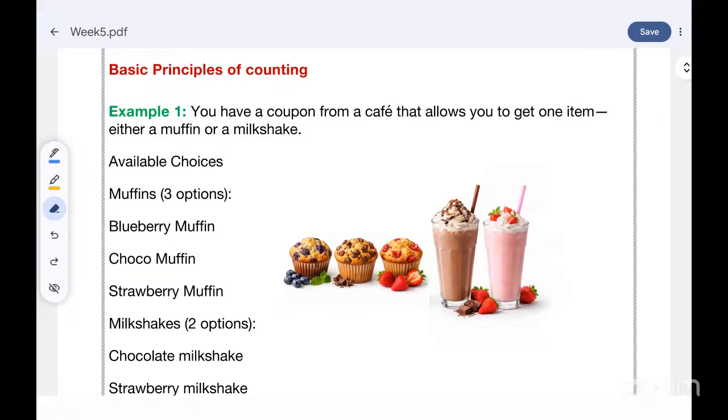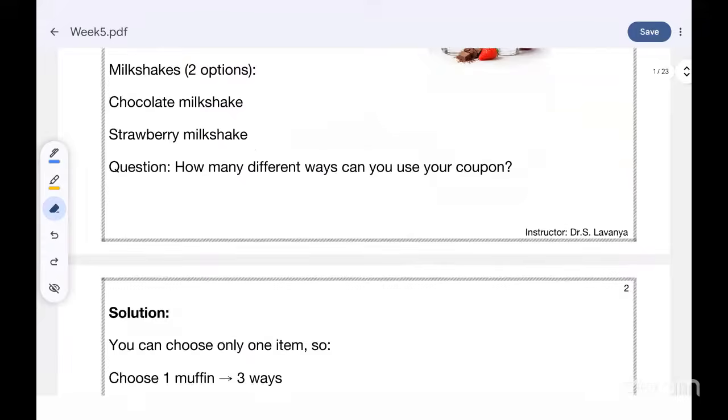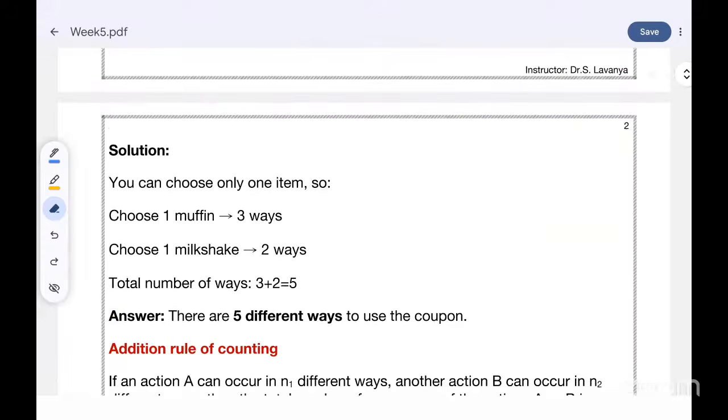What is the answer for this, you think? 5. Yeah, right? Because out of 5, you can choose any one. So either you can choose one muffin, so you have 3 ways, or one milkshake, 2 ways. So the total number of ways here is simply 3 plus 2. So you have 5 different ways to choose with the coupon.